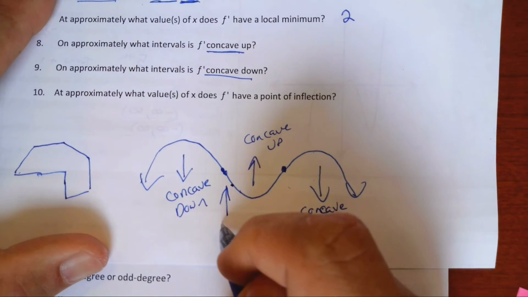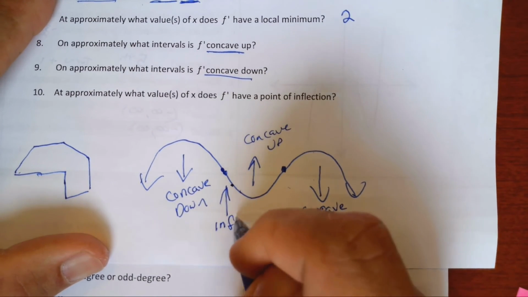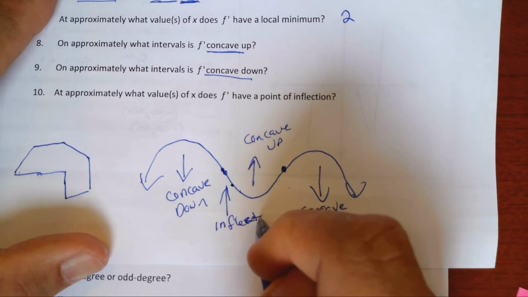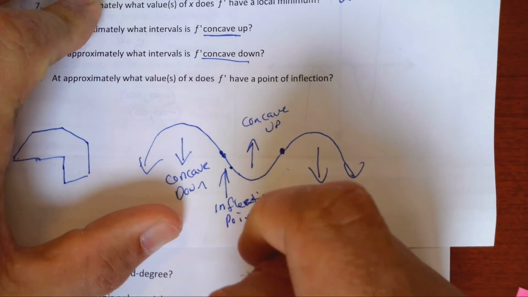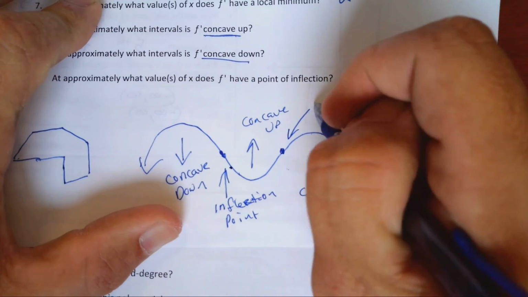And what you call that is called an inflection point. So it's an inflection point, and then this would be an inflection point.